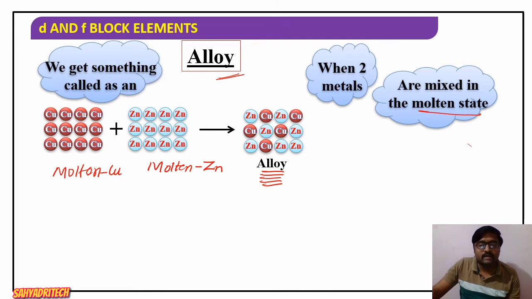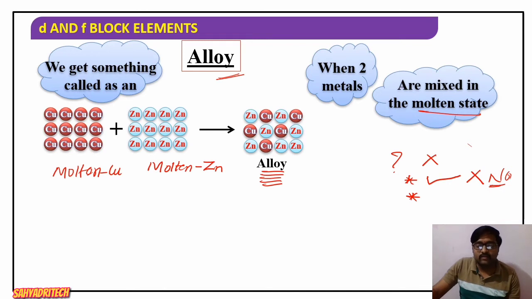Well, can we mix all types of metals? No. During the formation of an alloy, what care is to be taken? Is it possible to prepare an alloy by mixing any type of metals? The answer is no. Why?